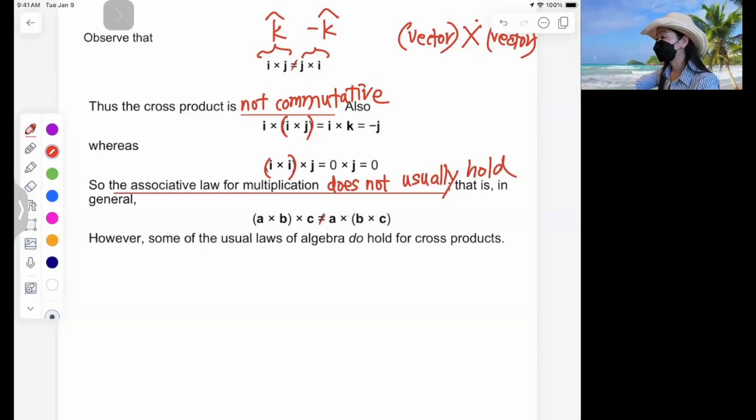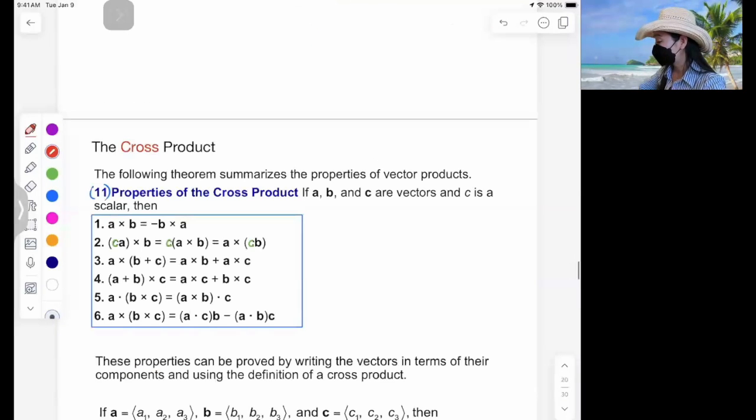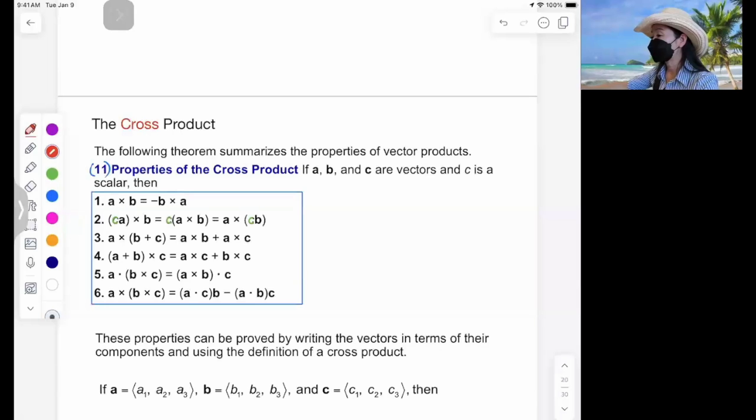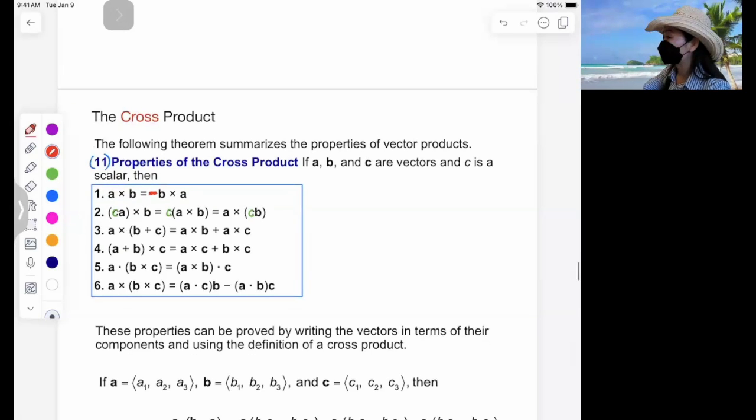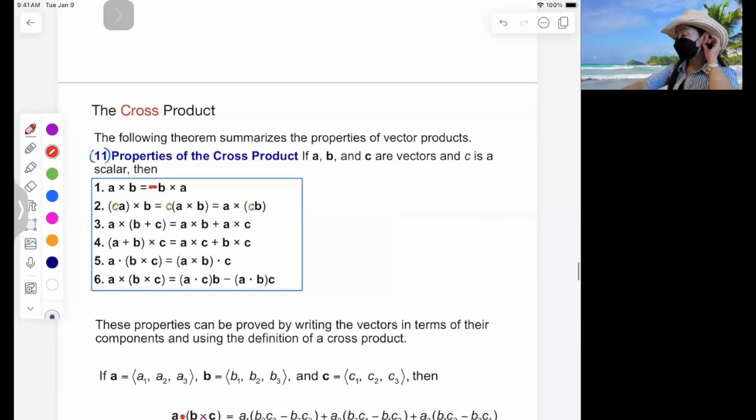Besides this, everything else will be kind of normal. The other properties will be very similar. So you see, A cross B is the opposite of B cross A. You just need to put the opposite sign there. So if you ever have trouble with the right hand, you can switch the order and then put the minus sign in front.